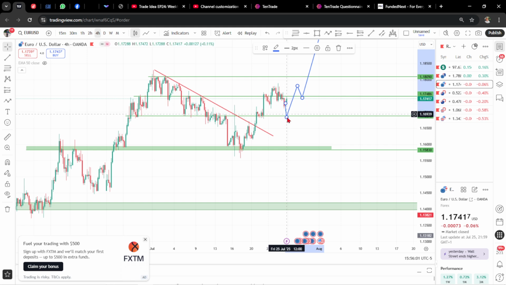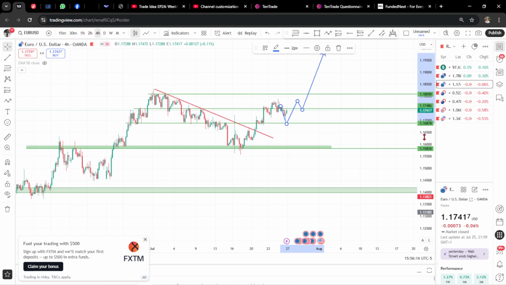If we can't break below this level and start to see a candlestick rejection from this level, I will enter a buy trade from there. So this is for Euro USD. I am 70%, or let's say 60% bullish.